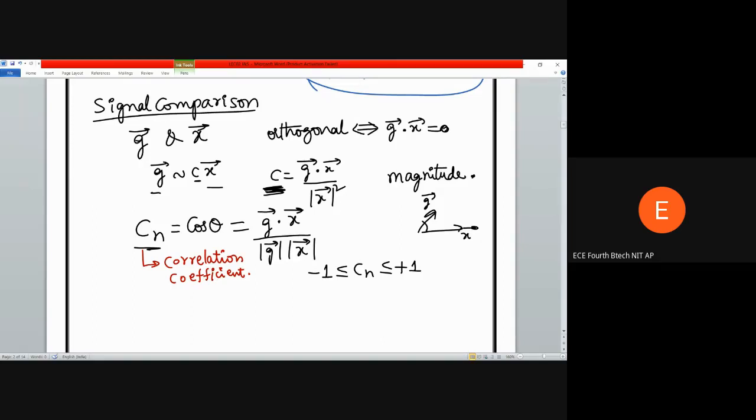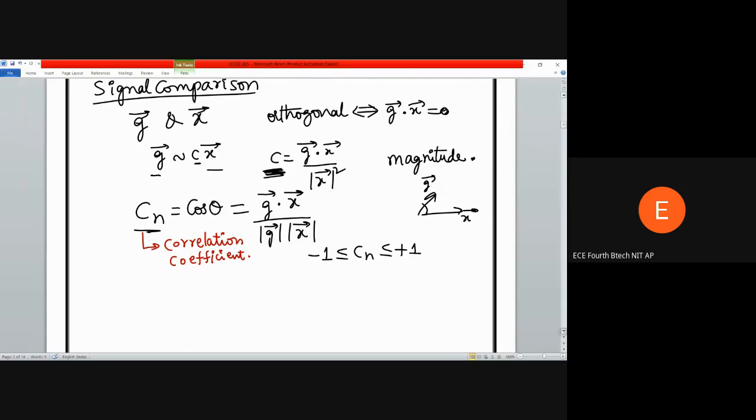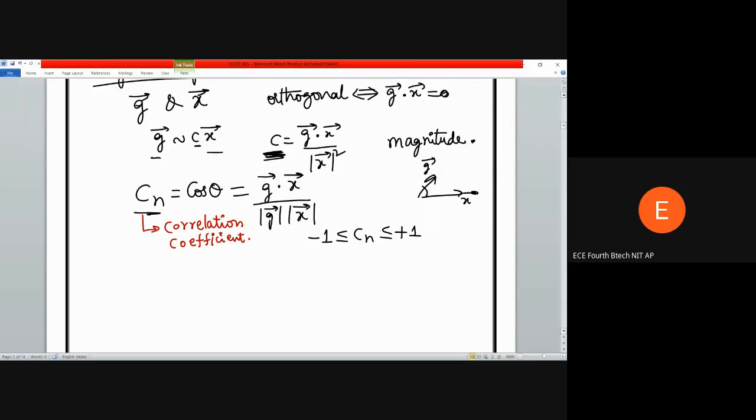Now what happens when Cn is equal to +1? It means those two vectors are aligned in the same direction, so there is maximum similarity between the two vectors. That means theta is equal to 0, and hence cos 0 is 1.